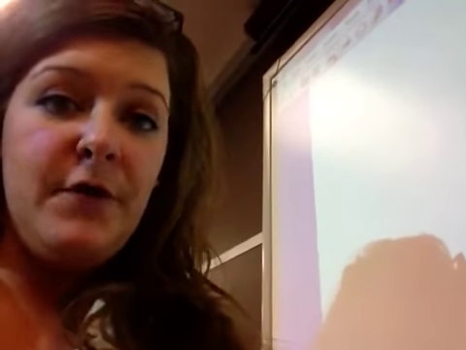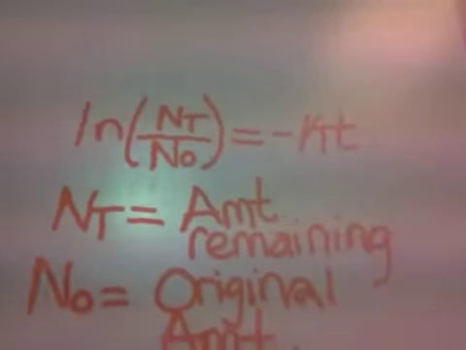Really, what I want you to understand about the rate constant is that it's the speed, or the rate at which an element or a compound can decay. So it's how fast this compound is going to decay. Every element or material or compound has its own rate constant. And most often, either I will give you that or you're going to have to solve for that, okay? So k just means a rate constant.